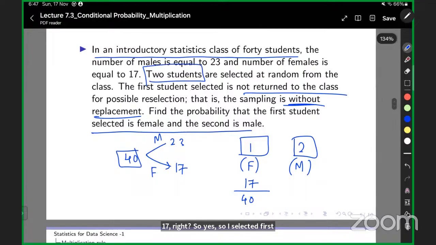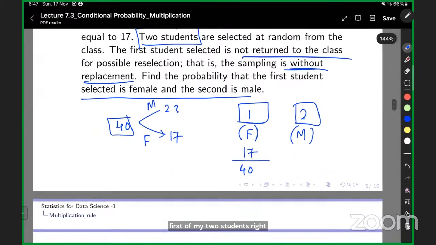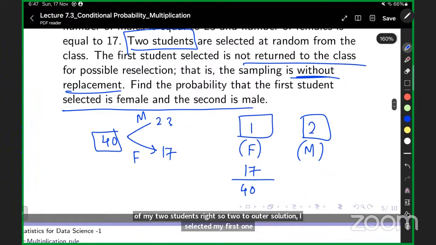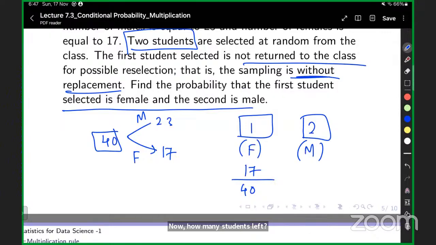Now how many students are left? 39. And out of that I have to select a male, which are 23.